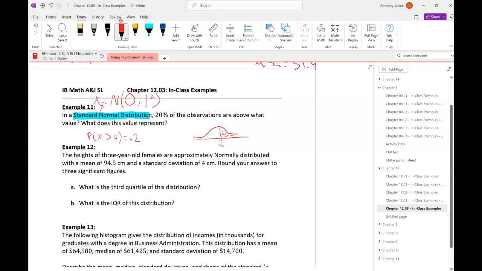Right? That's kind of what the problem is saying. So when it says 20% of the observations are above what value, so that value would be the area. What value is the A?